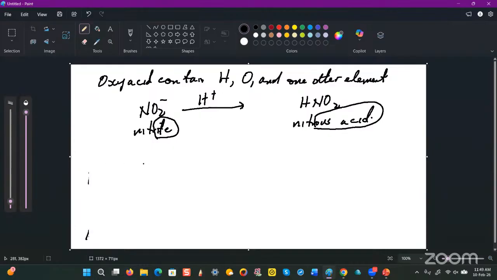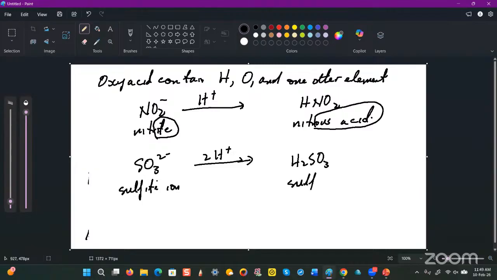Let me give another example. This particular ion here is called the sulfite ion, right? Because you have two negative charges here, you need to add two H plus ions, and the resulting acid would be H2SO3. The name of this acid would be sulfurous acid.